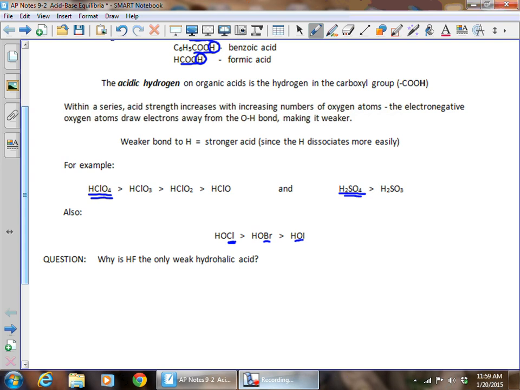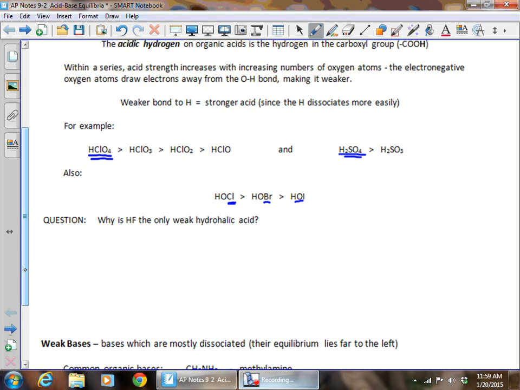So why is HF the only weak hydrohalic acid? The rest of them, HCl, HBr, and HI, are strong. It's because the HF bond is stronger. Fluorine is more electronegative, and if that bond is stronger, it's going to be harder to pull away the hydrogen.